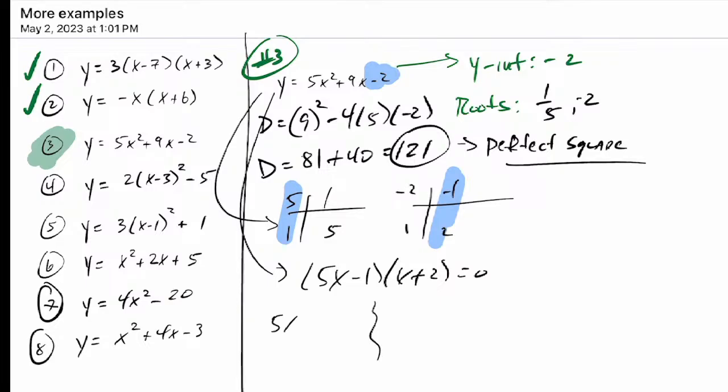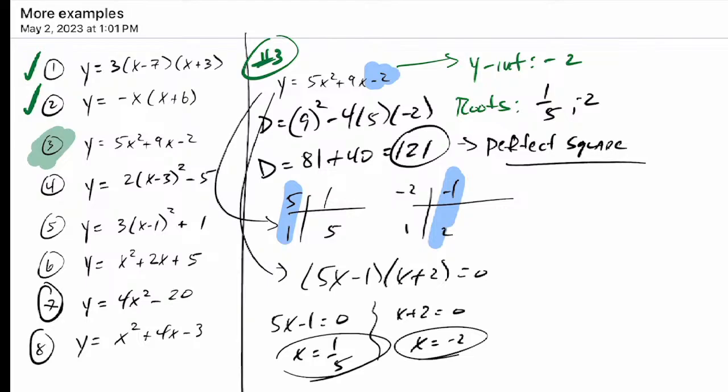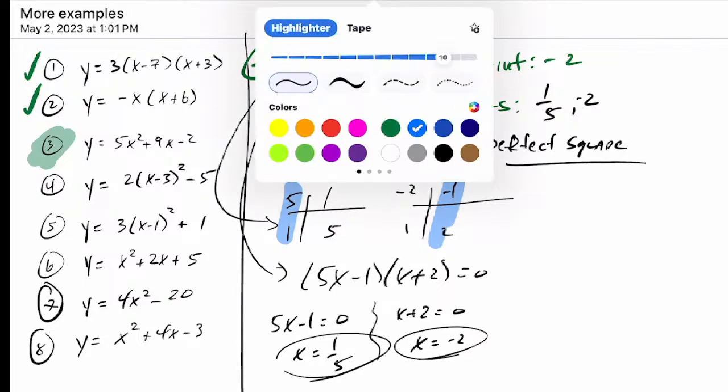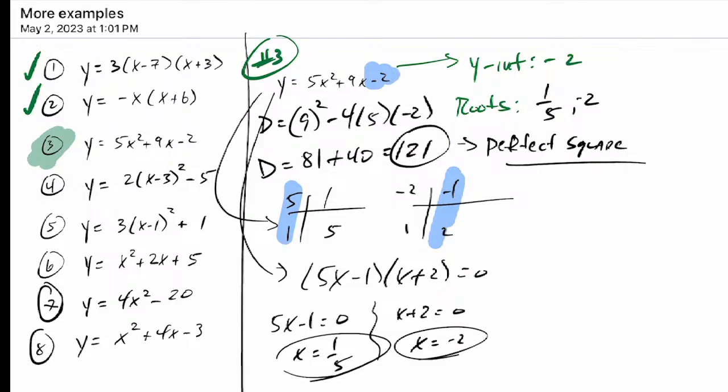And again, in case you've forgotten, you can solve: you get a fifth, and solve, I get -2 for these two. So I've got my y-intercept, my roots. If I want to continue this, I need to find the axis of symmetry.